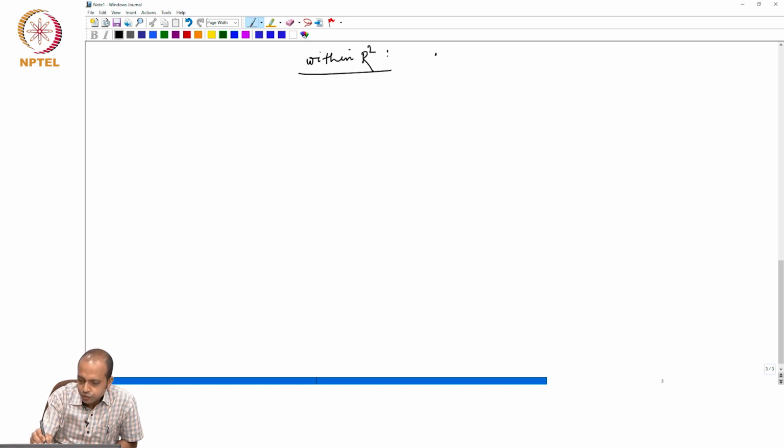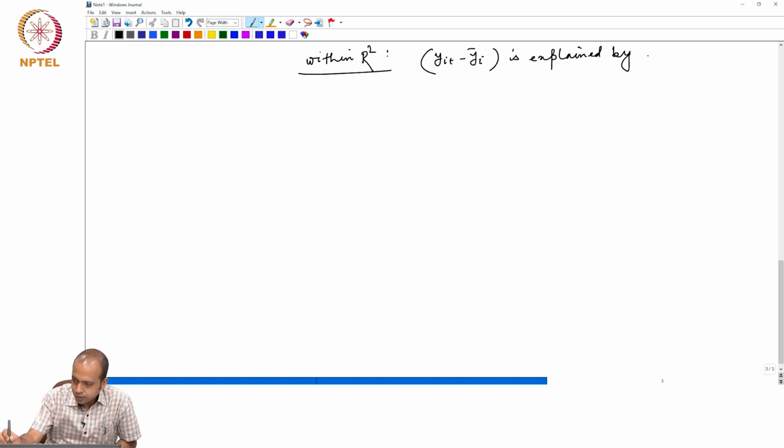It is coming from this same model only. Y_it minus y_i bar is explained by x_it minus x_i bar.